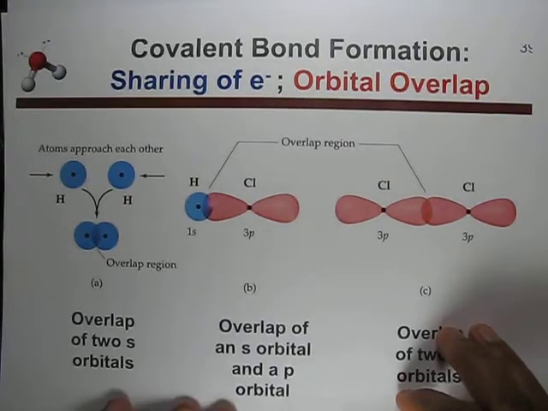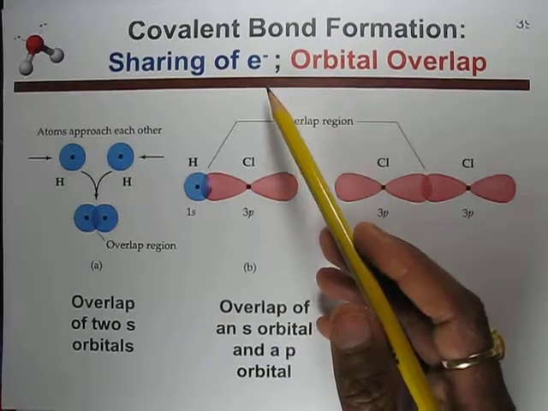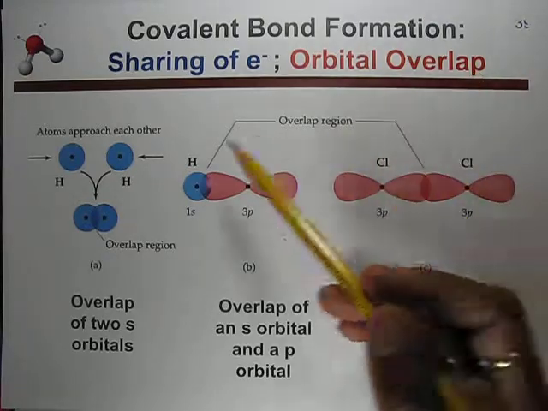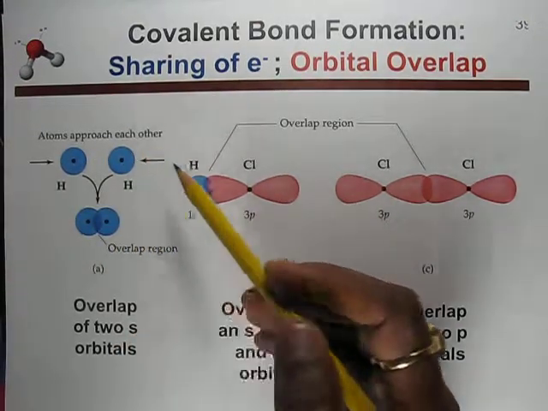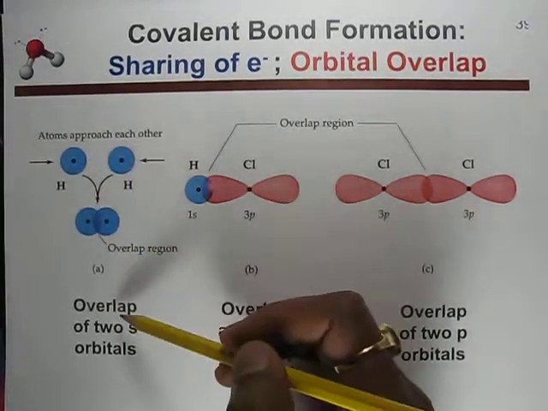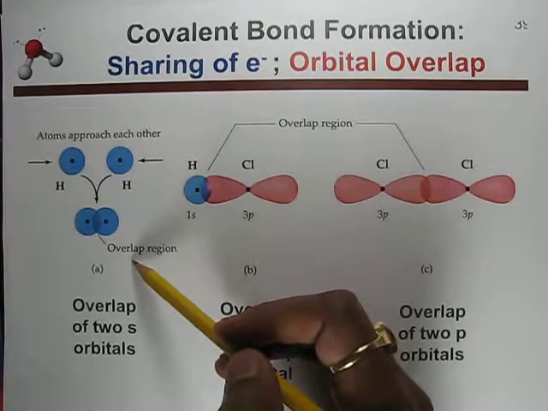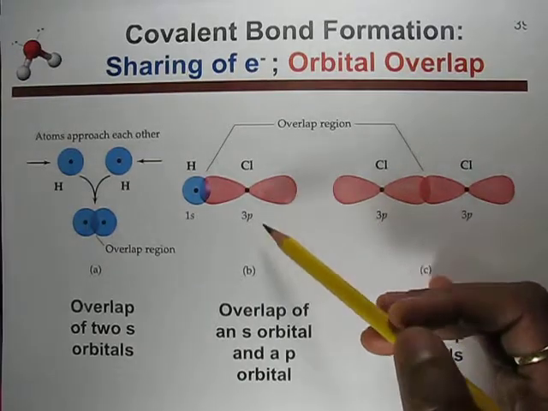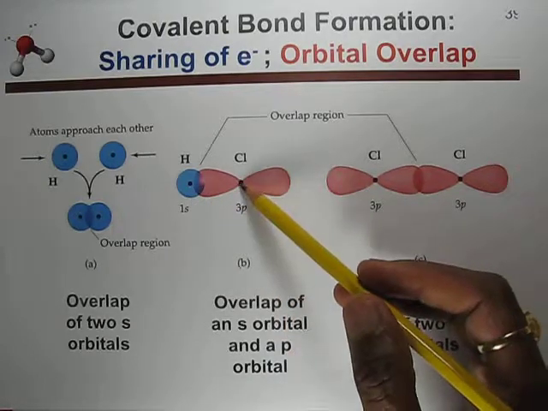Basically, there are three types of orbital overlap, and a covalent bond forms by sharing of electrons. For example, when two s orbitals overlap, they form the hydrogen-hydrogen bond. So type 1 is overlapping between two s orbitals. The second type of covalent bond forms by the overlapping of an s orbital and a p orbital.